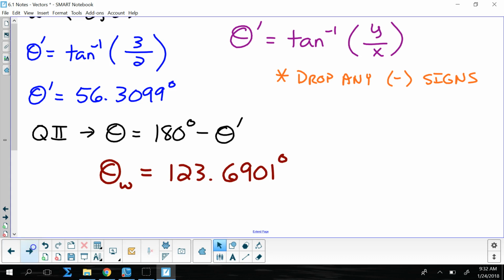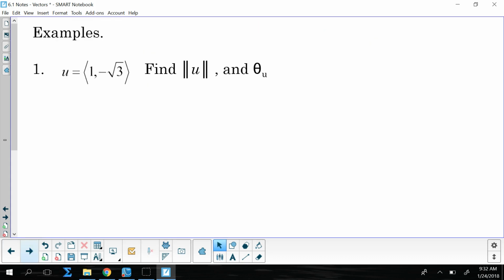What I would like you to do now is do problem number 1 on the next page. Find the magnitude and the direction of vector u.